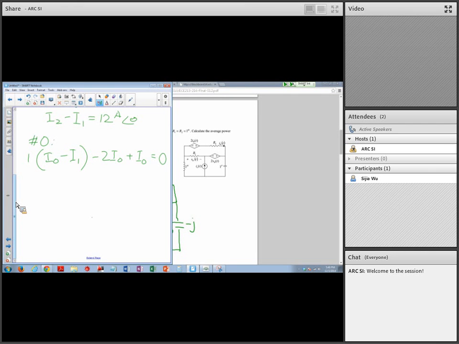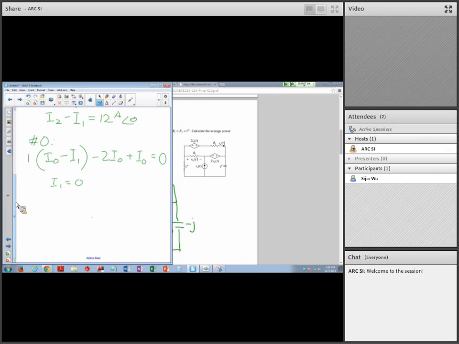Simplify this. Does I1 come out to be 0? Did I miss something?